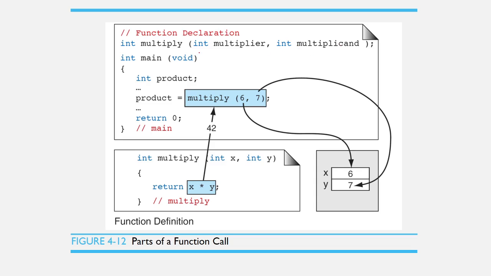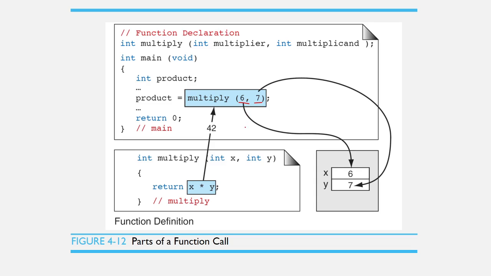Okay, so the function definition must have an integer return type, must have the function name of multiply, and a formal parameter order of an integer and integer. So therefore, the function call must be passing actual parameters of integer values.